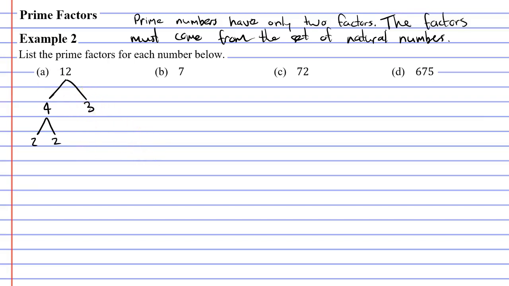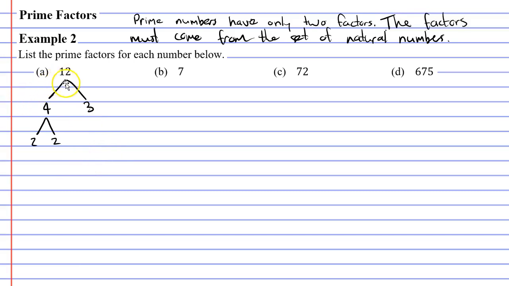Do I need to branch out from the 3? What would happen if I did that? Well, 3 times 1 makes 3. And that's quite useless because I can go on forever going 1 times 3, 1 times 3, and there's no point doing that. So when you're listing these factors, it can't be factors that are itself and 1.